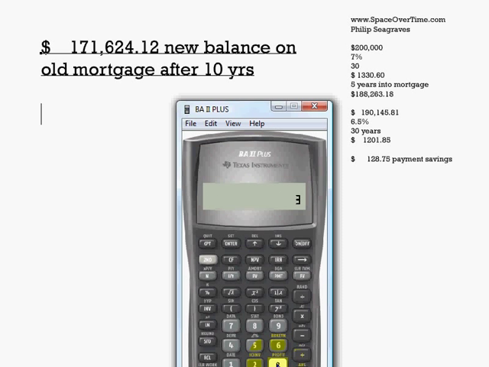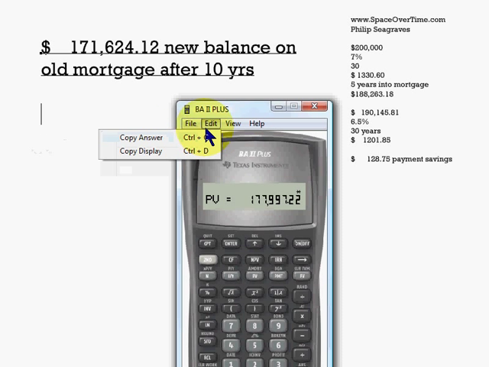So we're going to have 300 payments, and we're going to plug that into our N. And what do we want to compute now? We've done everything except for computing our present value. Okay, now this one, we have a present value of 177,900.